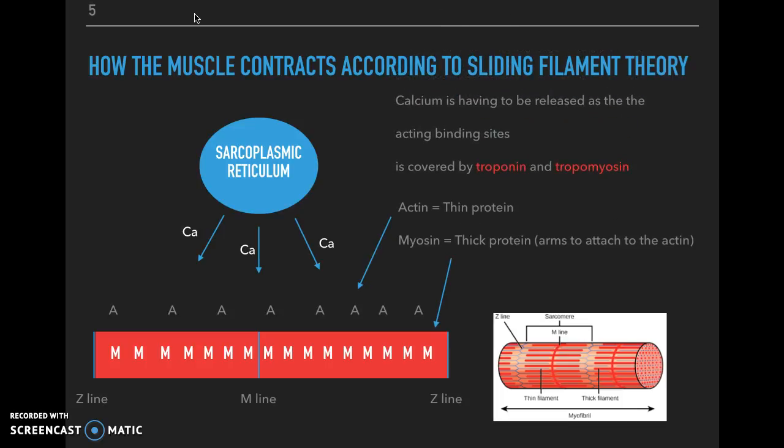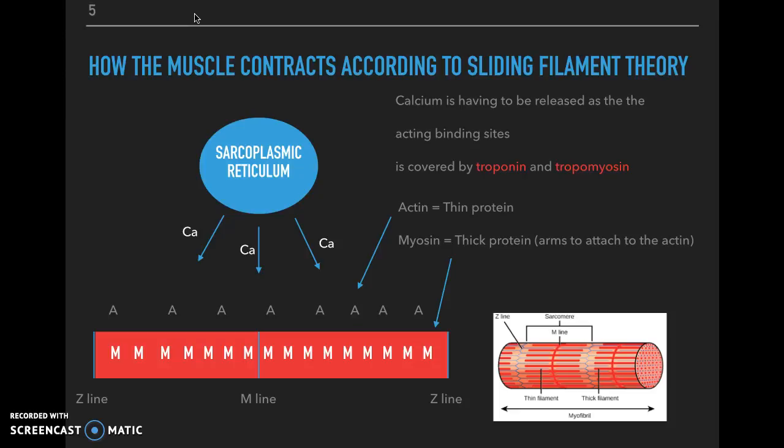So the A is actin, and this is the thin protein. As you can see in that diagram, you have the thin filament and thick filament, and the thin one is the actin, and then the myosin is the thick filament. The myosin has arms, so the process is that the myosin stays still, but the myosin gains energy to attach to the actin and pulls the actin along in towards the M line.